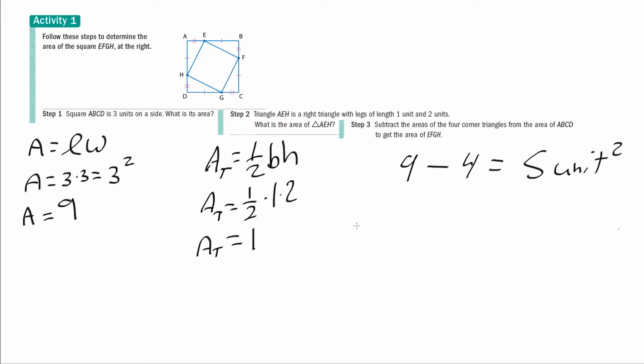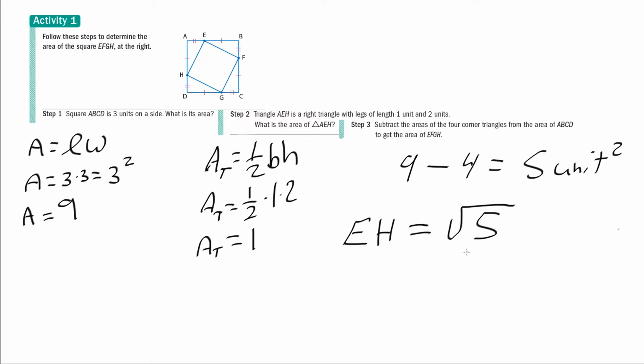Well, if this is 5 units squared, then EH is equal to the square root of 5. Because to get the area, it would be EH times HG. So square root of 5 times square root of 5 equals 5. We know that from the properties we had before. So this is our exact answer.